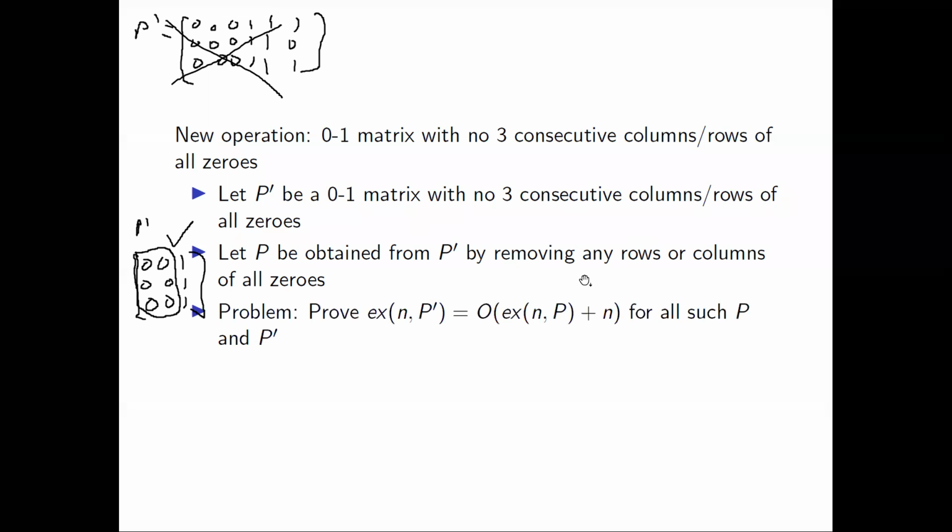And here's a problem for you to think about. Prove that the extremal function of n, P prime is equal to big O of EX(n, P) plus n for all such P and P prime. So this is basically the same inequality you saw on the last slide, except now, instead of a matrix with no 2 consecutive columns or rows of all zeros, now it's 3. So it's 3 instead of 2.